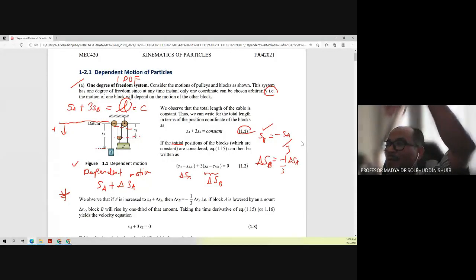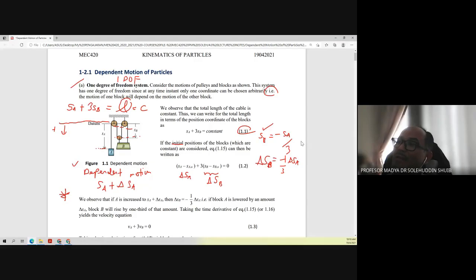So block A goes down and block B goes up, following the equation 1.1 relation. If block A is lowered by delta SA, block B will rise by 1/3 of that amount.